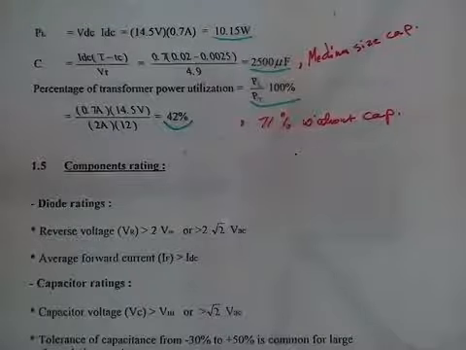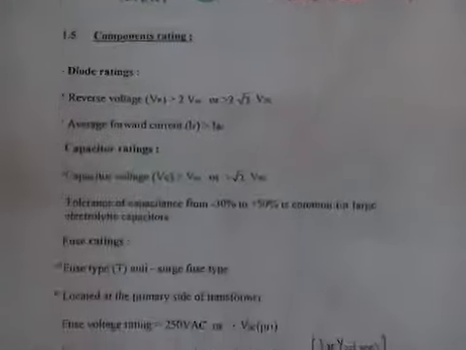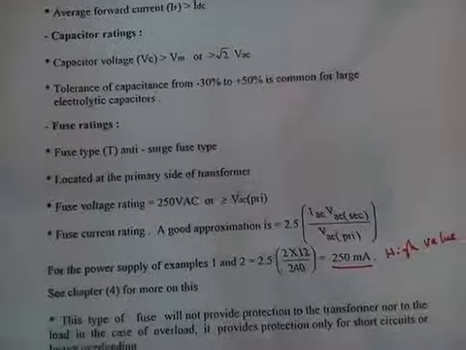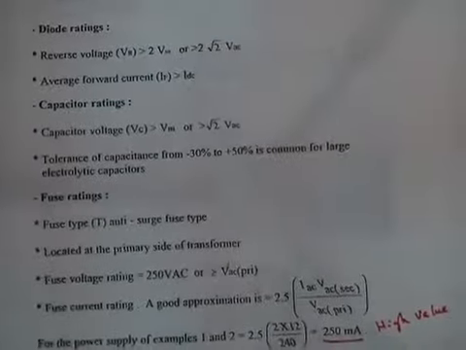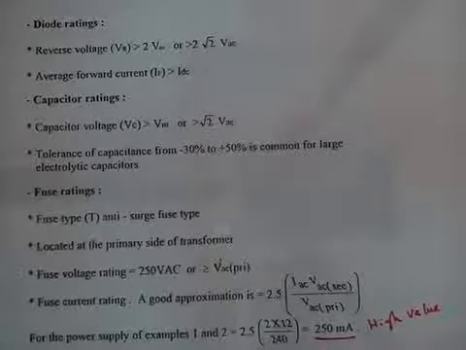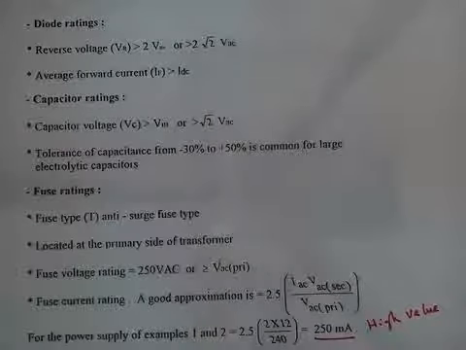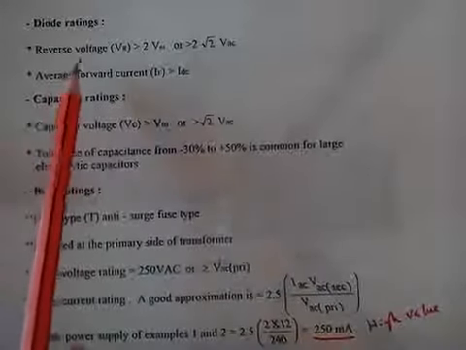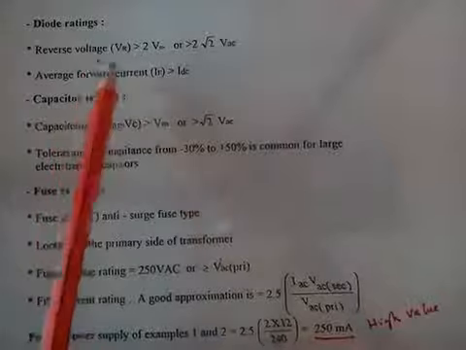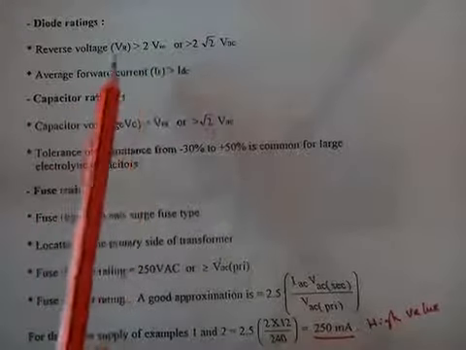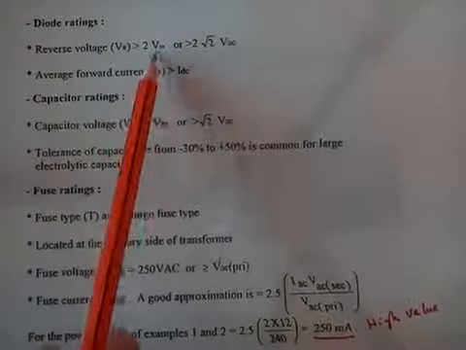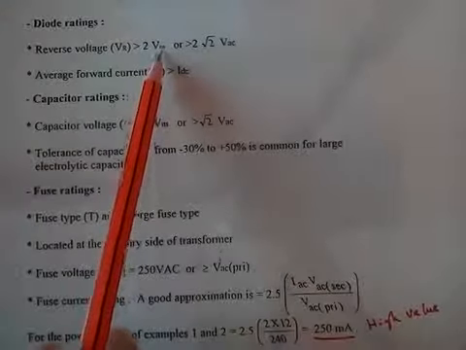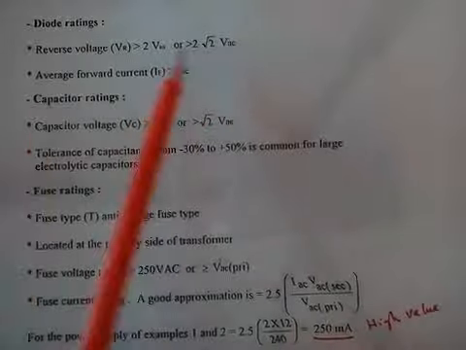The component ratings. The reverse voltage of the diode must exceed 2 times the maximum voltage of the secondaries, maximum peaks.